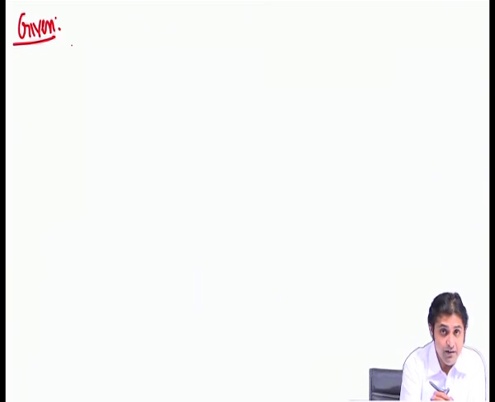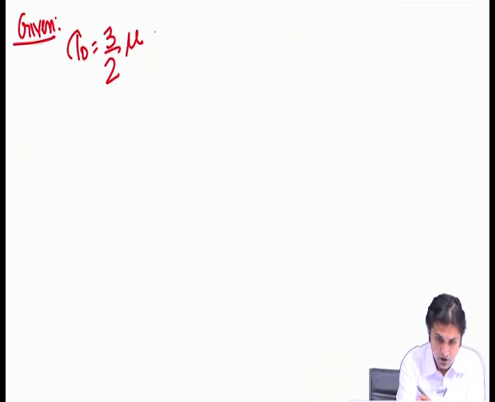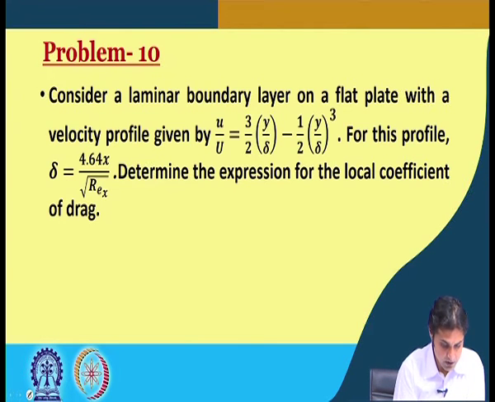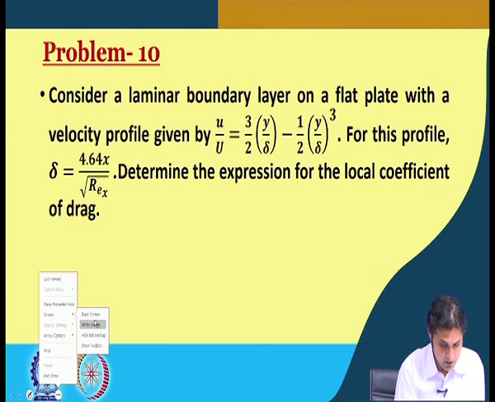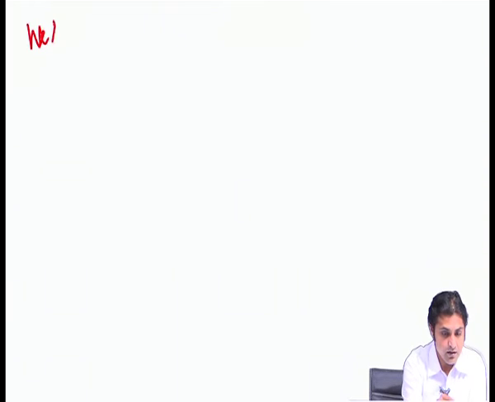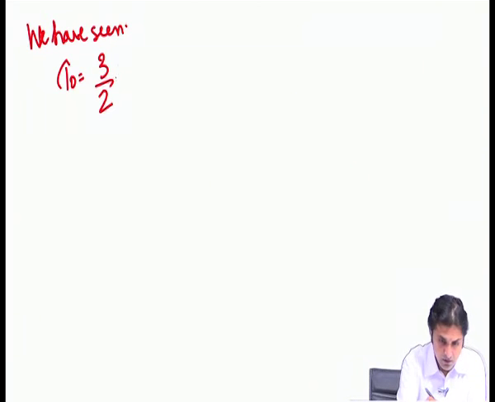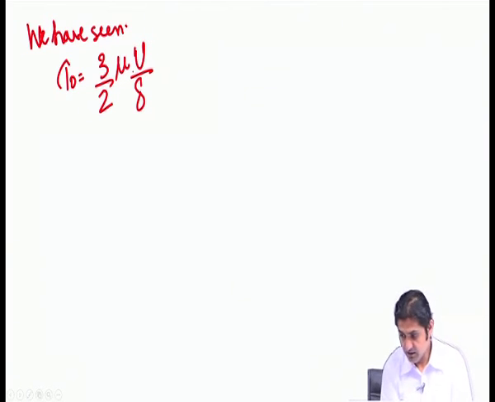For the given profile, we have already derived that tau naught is 3 by 2 times mu times U by delta.